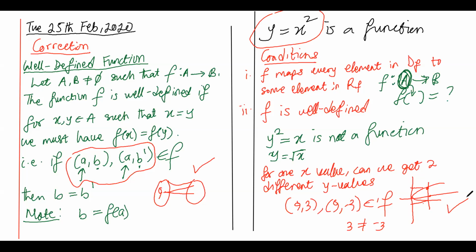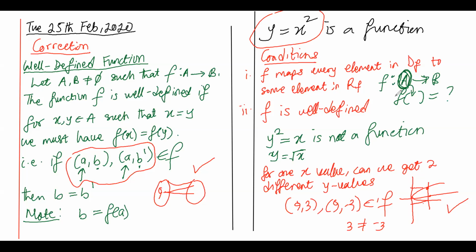Most of the time, all you have to check is the well-defined condition. So if I ask you, is this a function? Just go to condition 2, check if it is well-defined. That's enough. Just because for the first one, you can always manipulate your domain to make it satisfy. But you cannot manipulate the well-defined condition. So you go straight to your well-defined condition. Does everybody get that?